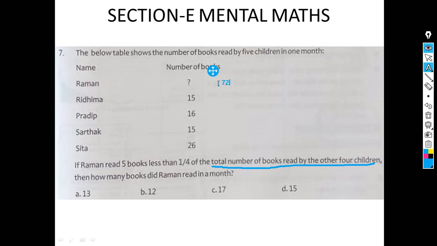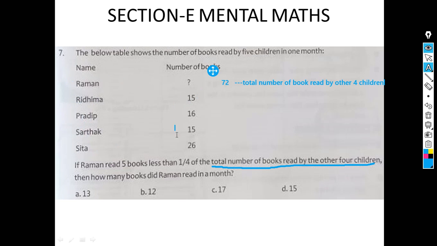So this 72 is the total number of books read by the other 4 children as per the question: Ridhima, Pradeep, Sarthak and Sita.